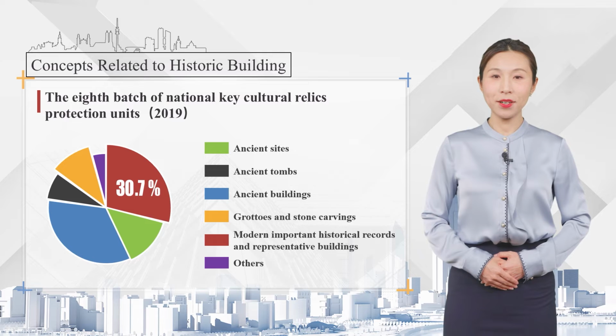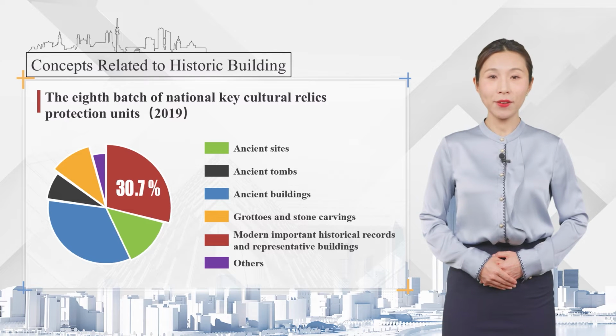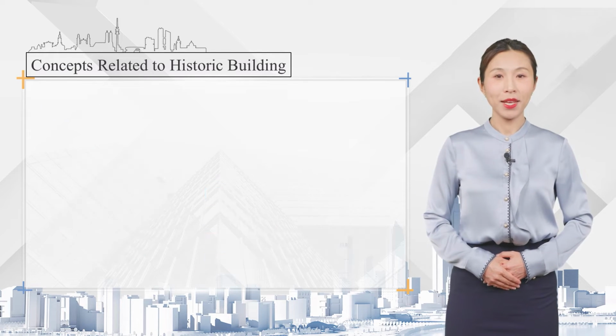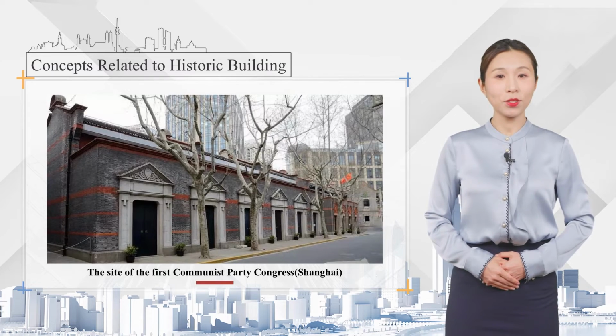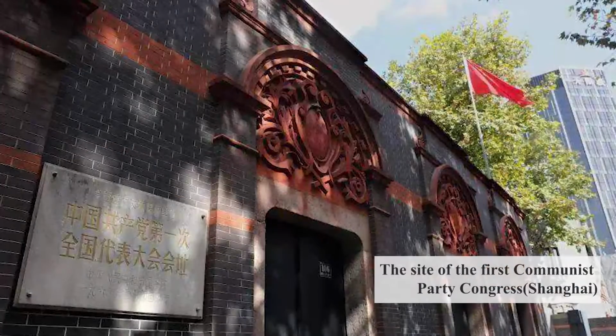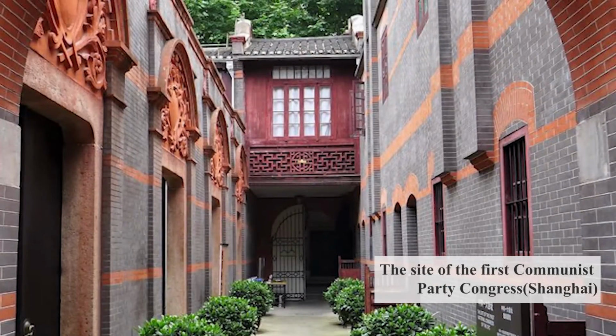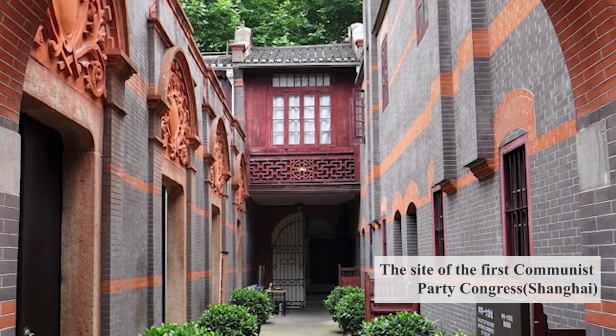In recent years, modern architectural heritage has received more and more attention. This picture is the restoration of the homes in Shikumen, Shanghai, the site of the first Communist Party Congress.